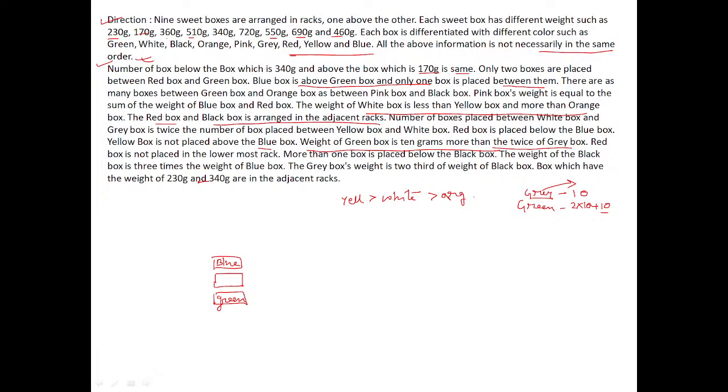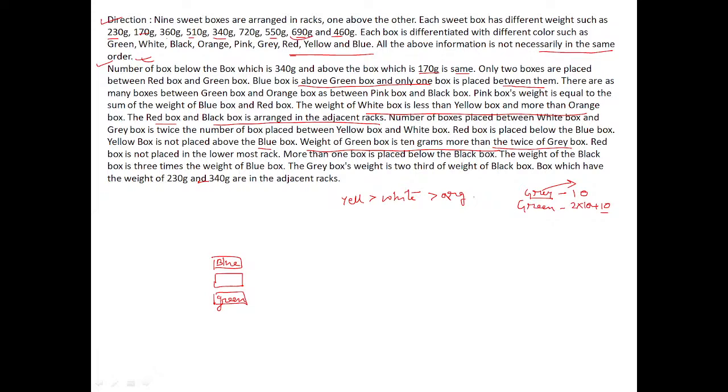So double 230 is 460, plus 10 is 470, not available. 170, 340, 350 not available. 360, 720, 730 not available. 510, 1000 already not available. 340 means 680 plus 10, 690. This is the only one available, the only related weights, 340 and 690.